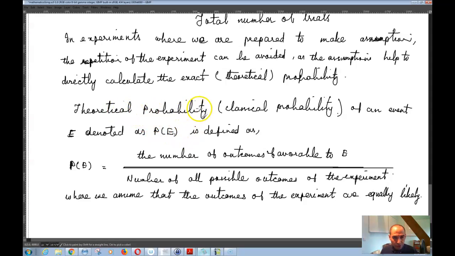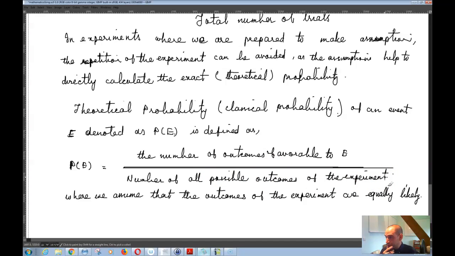So the theoretical probability or classical probability of an event E denoted as P of E is defined as this ratio, which is the number of outcomes favorable to E divided by the number of all possible outcomes of the experiment.